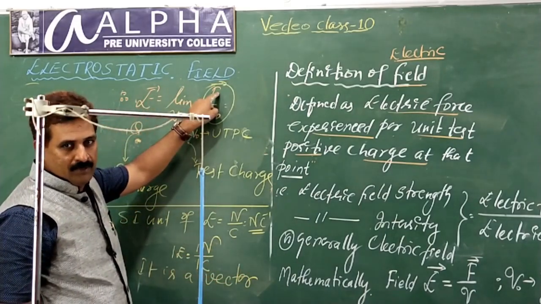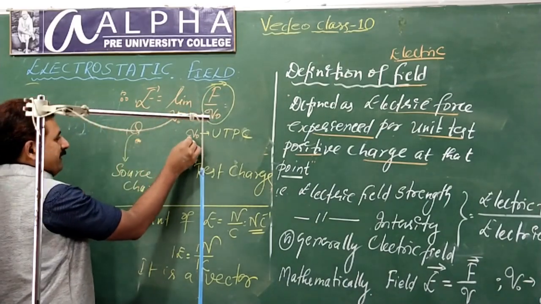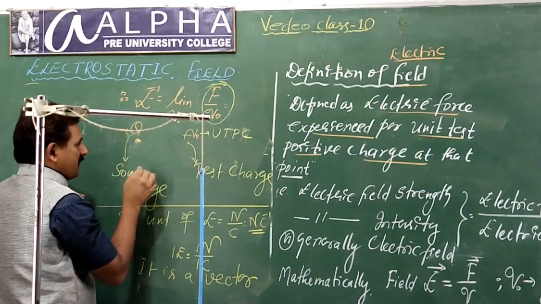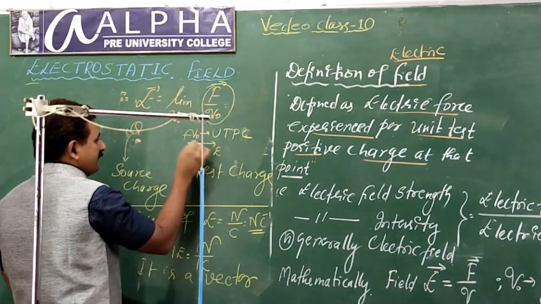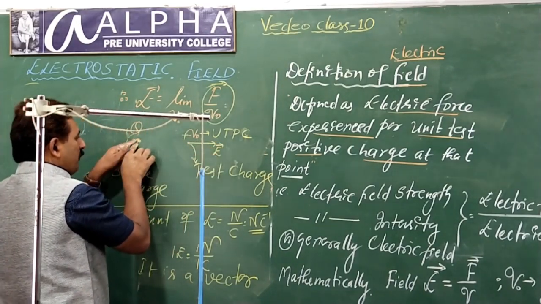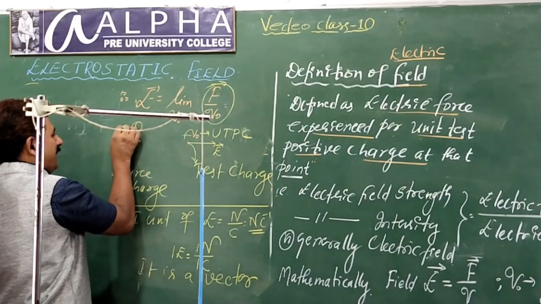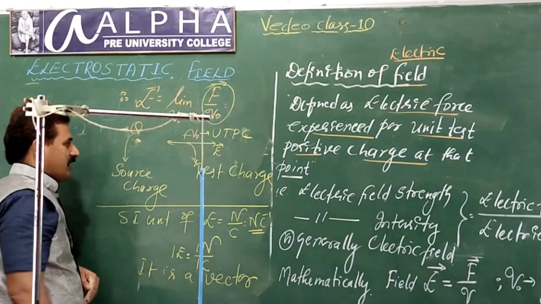If the charge is positive, since the test charge is always positive, if the source charge is positive, then the electric field is directed away from it. Electric field is outwards from a positive charge. If I consider a negative charge, if this is negative, then the electric field is towards that charge, right?